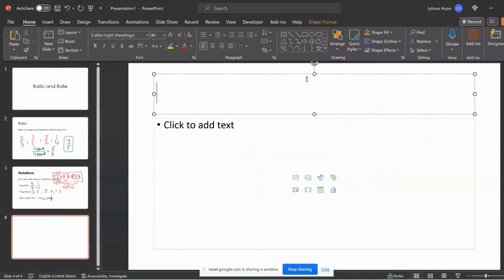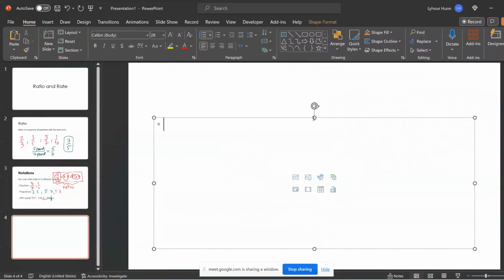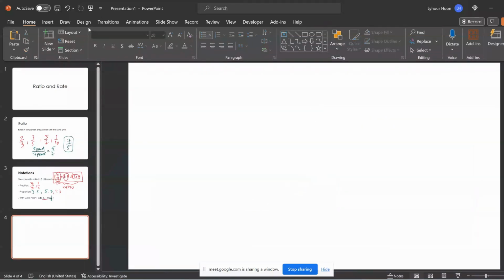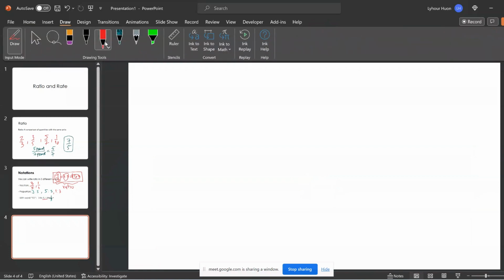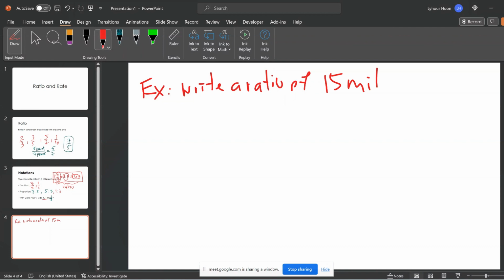Now example. Example. We write a ratio of 15 miles to 45 miles.